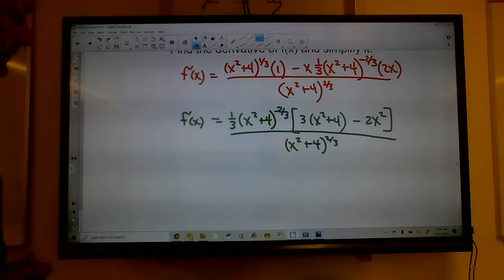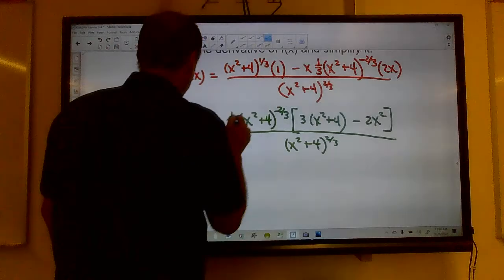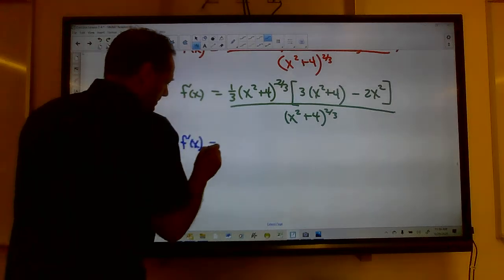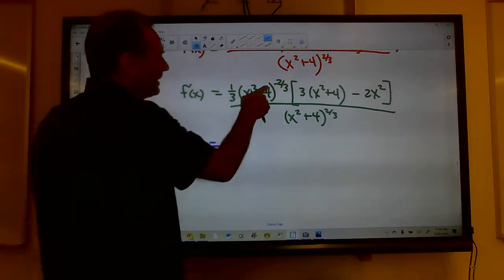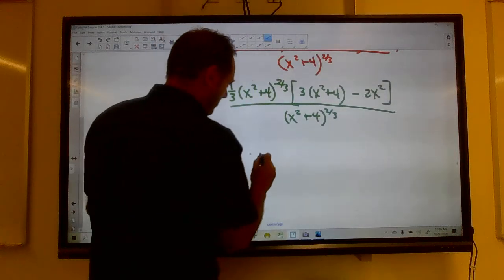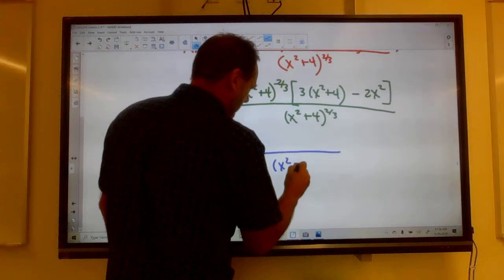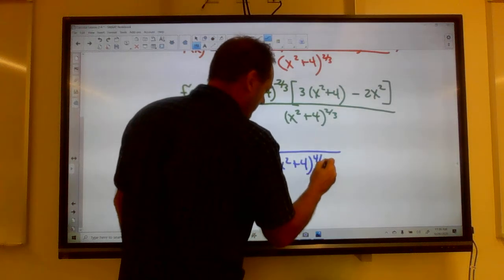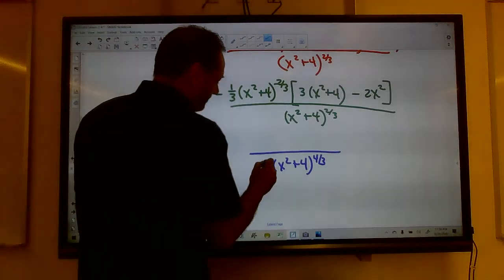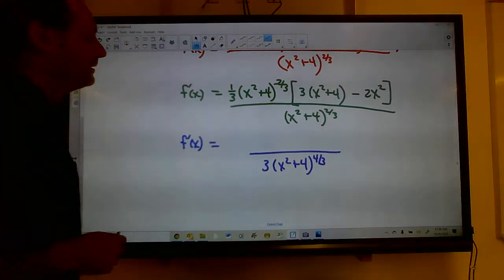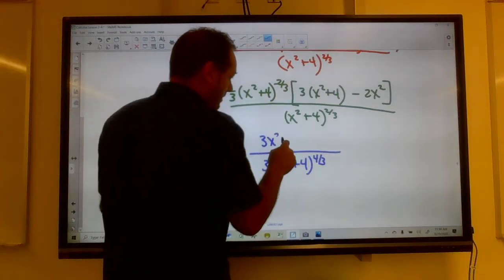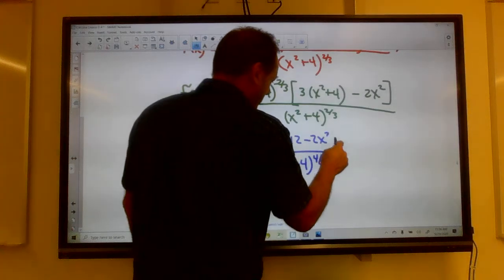Okay. Now what happens? Well, I got a little bit of tough algebra here again. F prime of x. Okay, I got a negative power in the numerator. I don't like that. I'm going to move this to the denominator. That means that my denominator is now going to be x squared plus 4 to the 4/3 power. I'm going to add those exponents, 2/3 and 2/3. Also, I'm going to have a 3 down here. Up here, I have 3x squared plus 12 minus 2x squared.